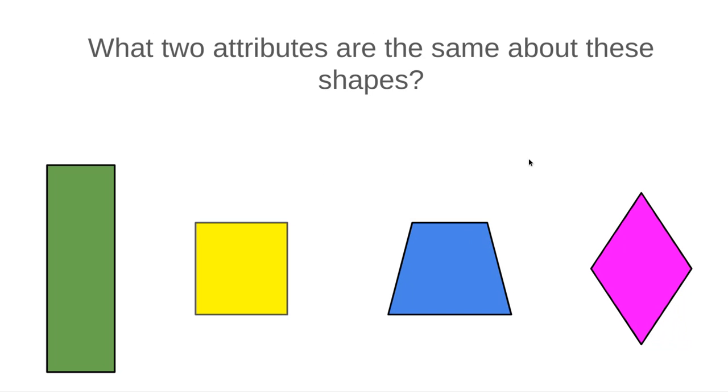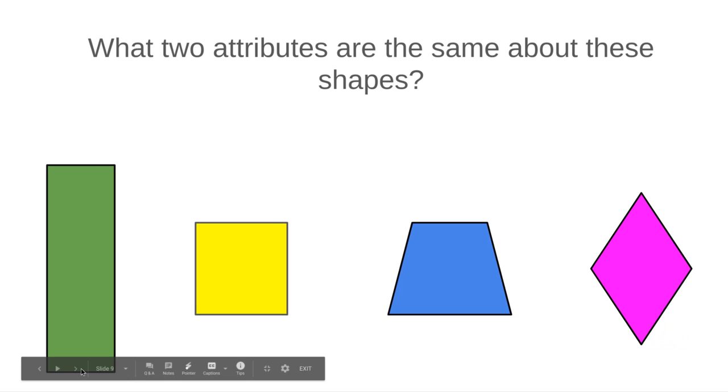What's one thing? If you said that they all have 1, 2, 3, 4 sides, you're right. Let's count them. 1, 2, 3, 4 on this square. 1, 2, 3, 4 on this one, and 1, 2, 3, 4. All 4 shapes have 4 sides.